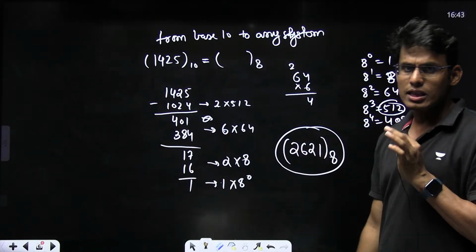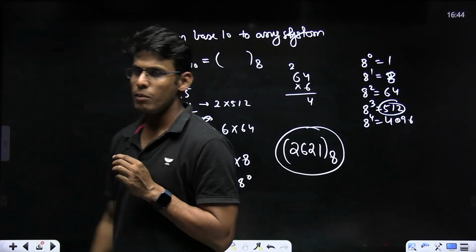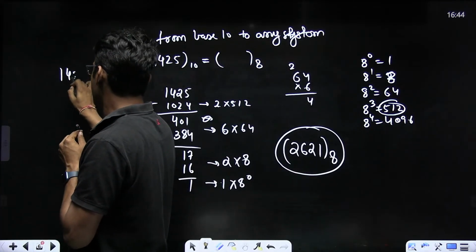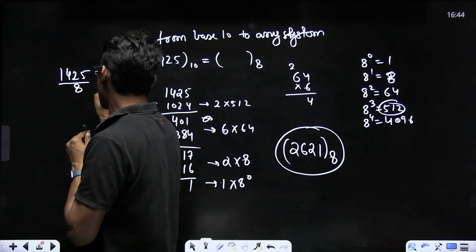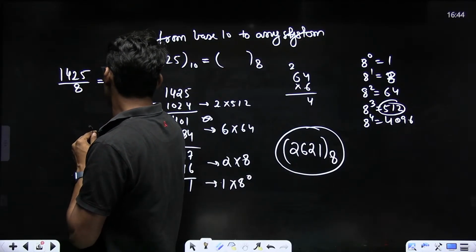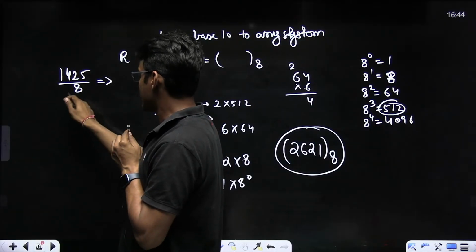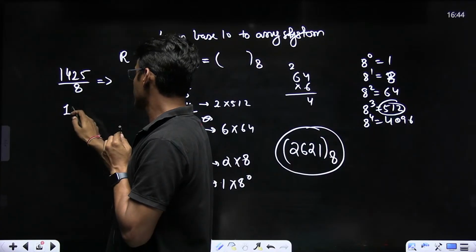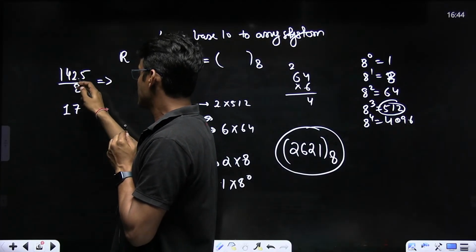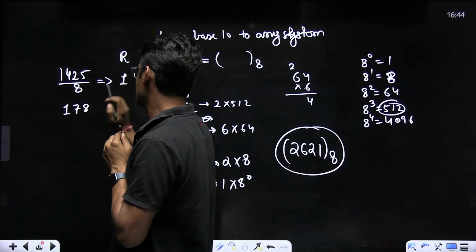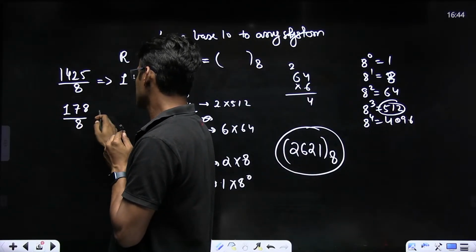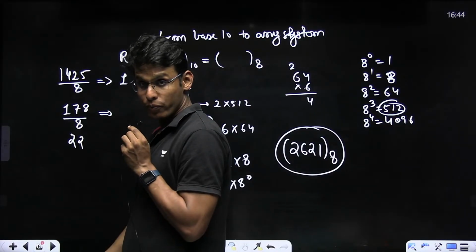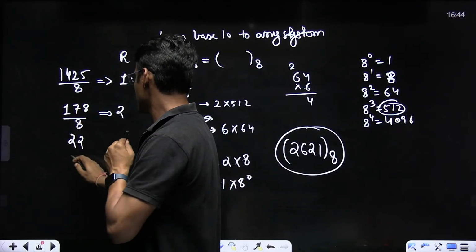This is how to write base 8, but this is not the most elegant way because it is slightly confusing. Just simply keep on dividing by 8. If you divide by 8, write the remainder here and the quotient here. 1425 divided by 8 gives quotient 178, remainder 1. Divide by 8: quotient 22, remainder 2.